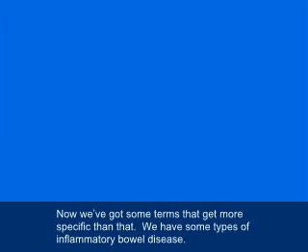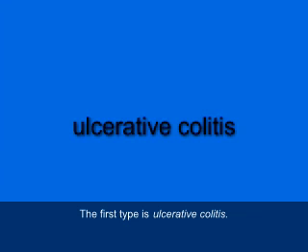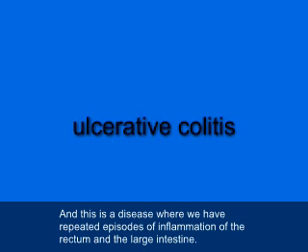Now we've got some terms that get more specific than that. We have some types of inflammatory bowel disease. The first type is ulcerative colitis, ULCERATIVE, colitis, COLITIS. And this is a disease in which we have repeated episodes of inflammation of the rectum and the large intestine.